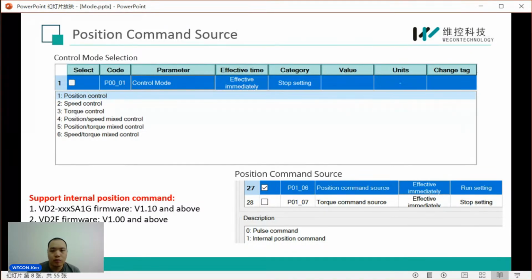If you set it to 1, you need to set the target position and the target speed in the servo, and we control it through sending a DI signal without sending pulses. But please note, if you want to use the internal control function, the firmware should meet these requirements.